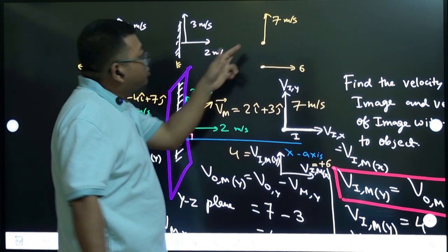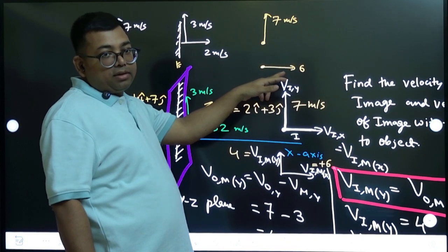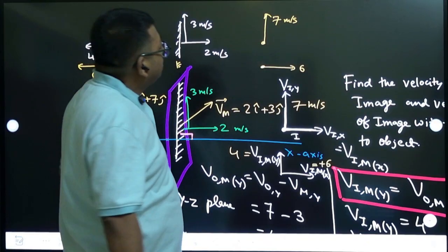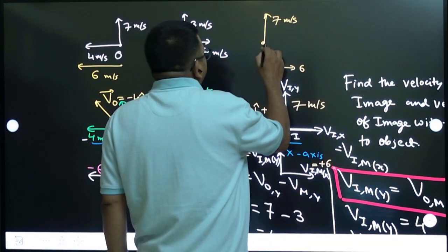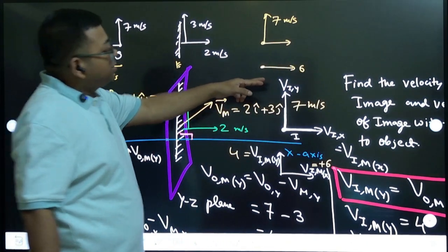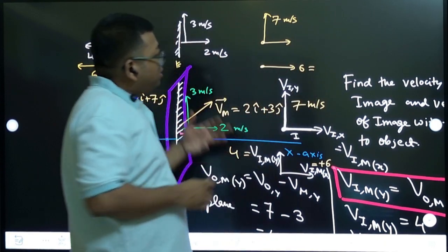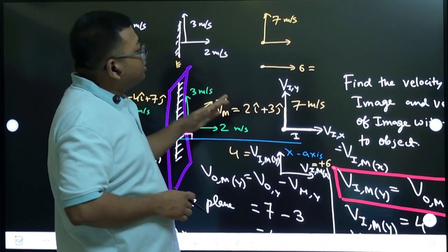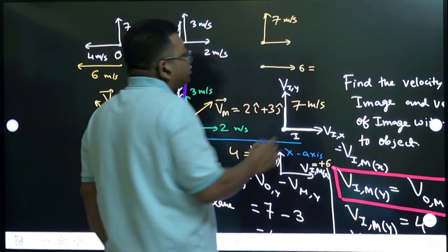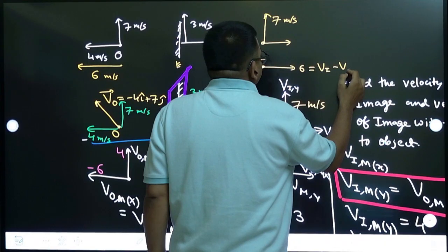Now I want the actual velocity in this direction. Remember, this is relative velocity, but I want the actual velocity of the image in this direction. So you can apply this, because this 6 is the relative velocity. Relative velocity means velocity of image minus velocity of mirror.